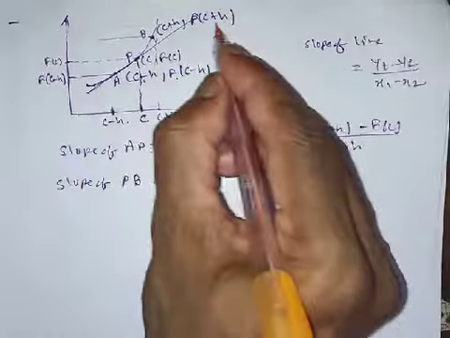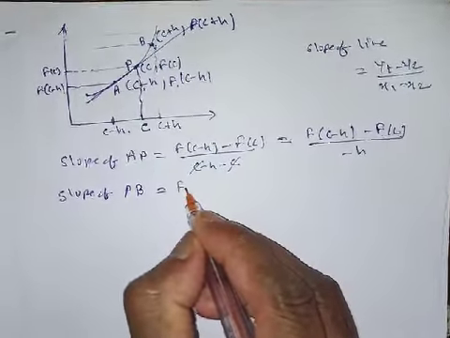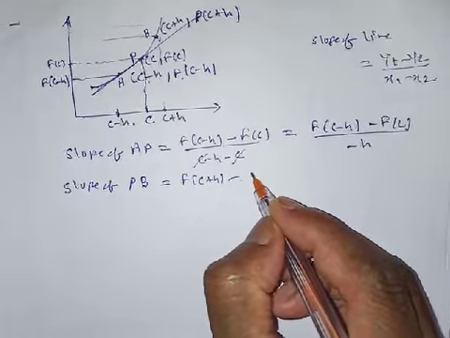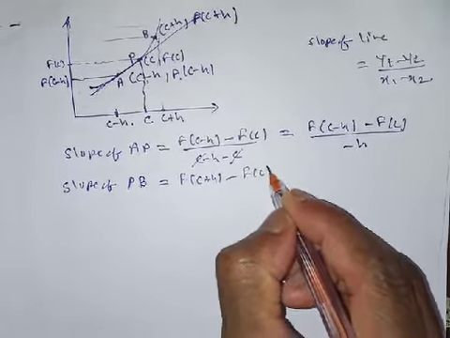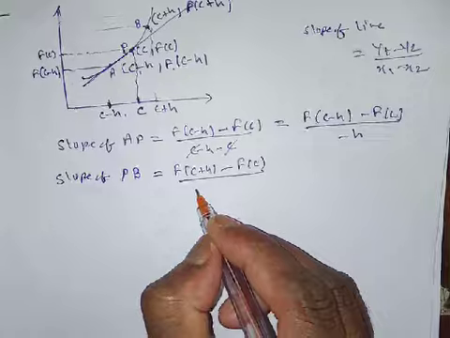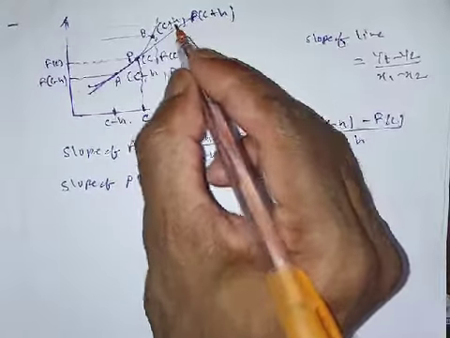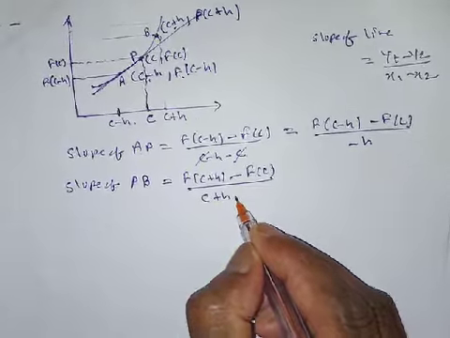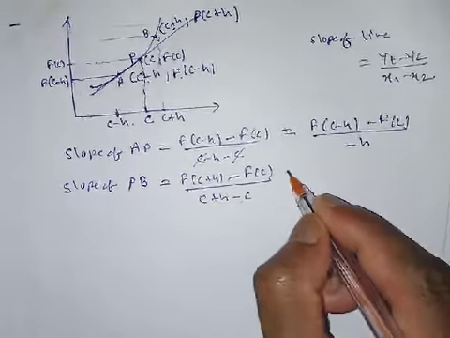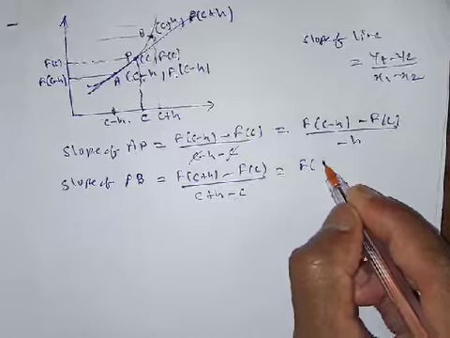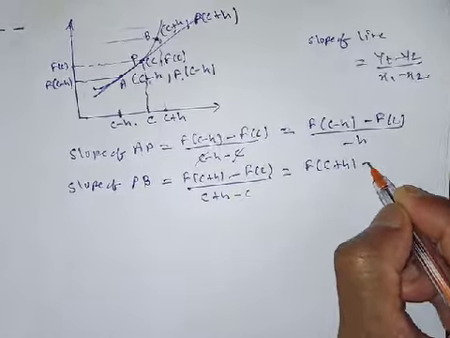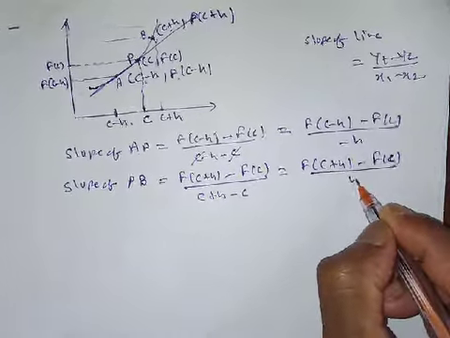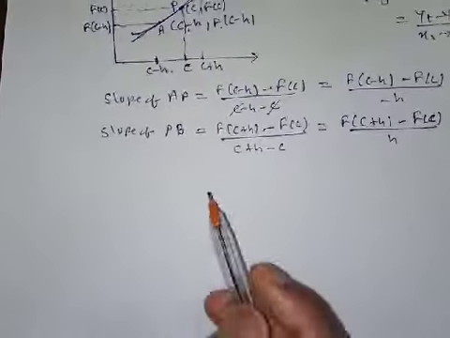You say f of C plus h minus f of C, upon x1 minus x2. What is x1? C plus h, minus C. So minus C and plus C cancel out. What we get is f of C plus h minus f of C upon h.